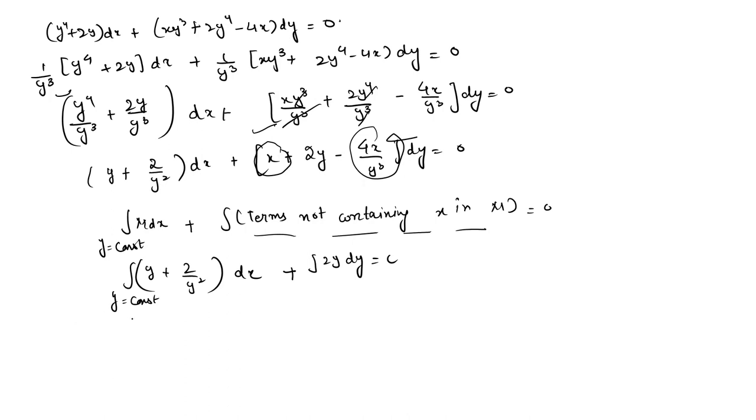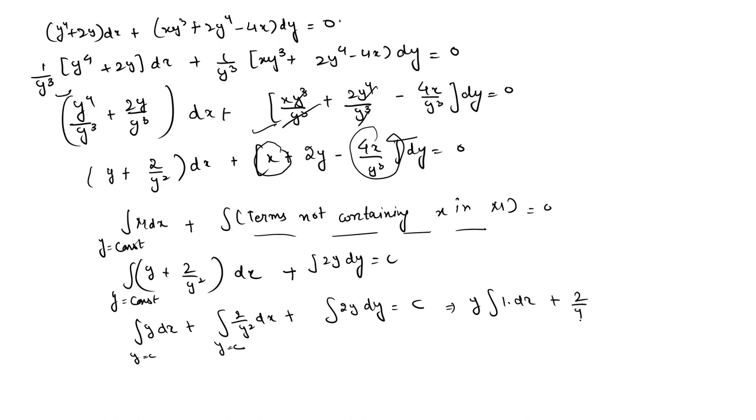So again, integrating: integral of y dx plus 2 by y square dx plus integral of 2y dy is equal to c. Again y is constant, so y comes outside, integration of 1. 2 over y square is constant, integration of 1. 2 is constant, y dy is equal to c.